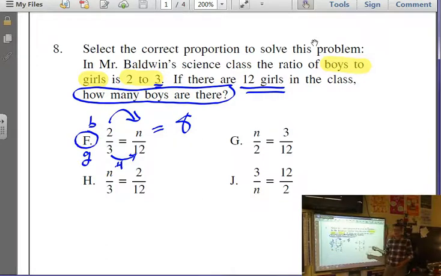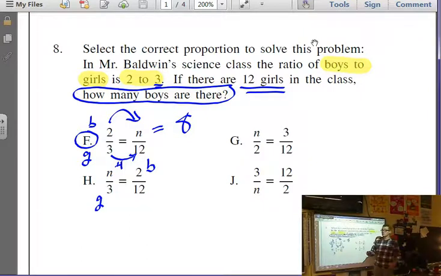Why the other ones aren't your choice is here, 2 and 3 get separated, and they need to be in the same ratio. So right now, they took boys and put girls over here, and then they have girls down here, because we know how many girls there are, and this would be the new amount of boys. This doesn't make any sense. Here, we again separate, and they have boys, boys was the 2. So we have boys right here, girls right here.